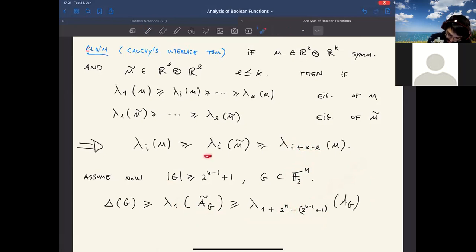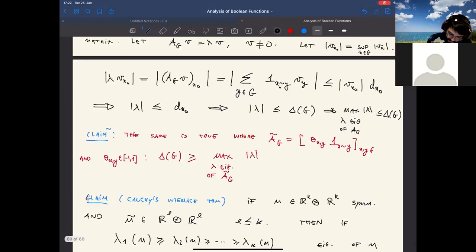So what we're using is this code. Sorry, H tilde of F2n, or in the case H tilde of n.